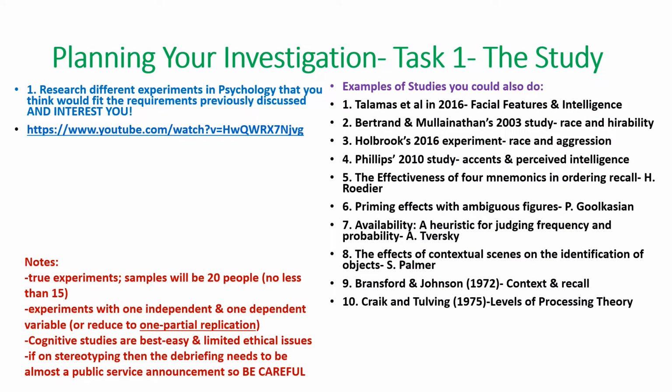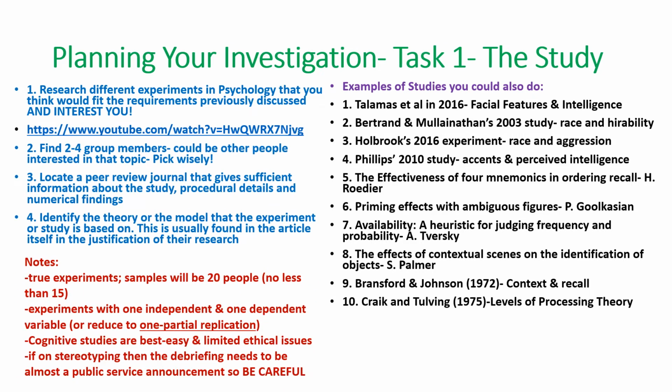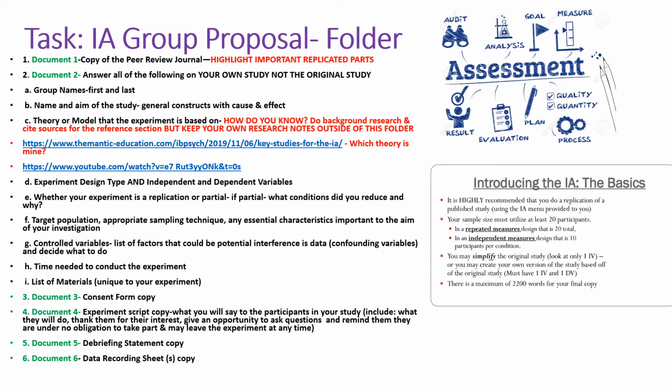So in planning your discussion, your investigation, you did all kinds of things as a group. That peer review journal is in your group folder, as well as all of the questions that you all put together in your group folder.